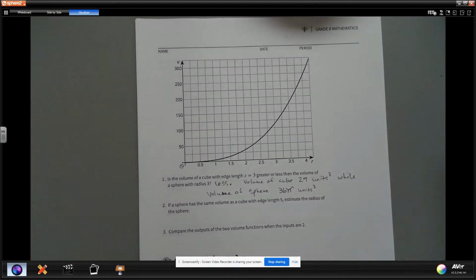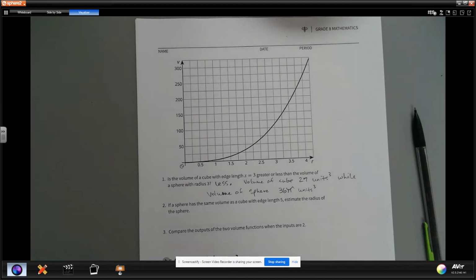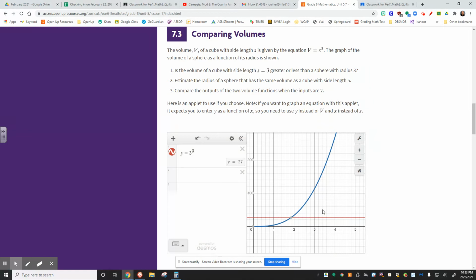And the reason for that, it's well over 100. When I clicked on that point right here, it has 36 times pi. So that would be our units cubed.